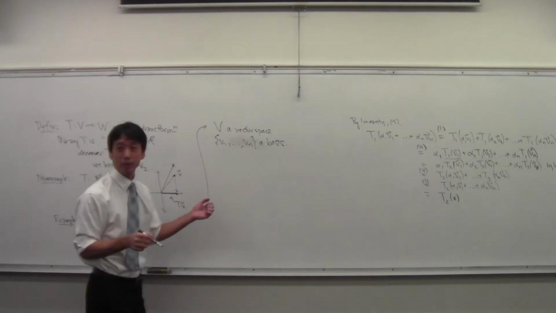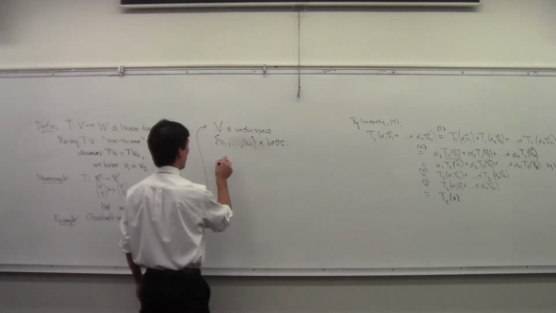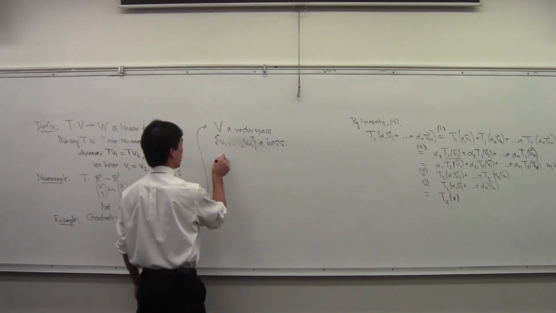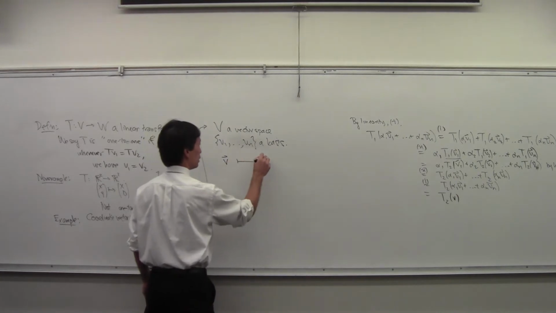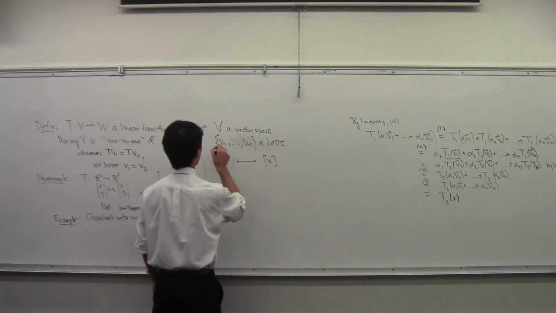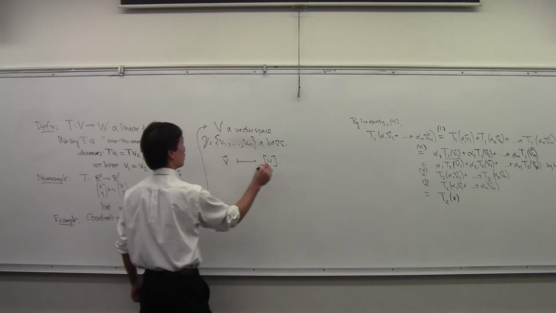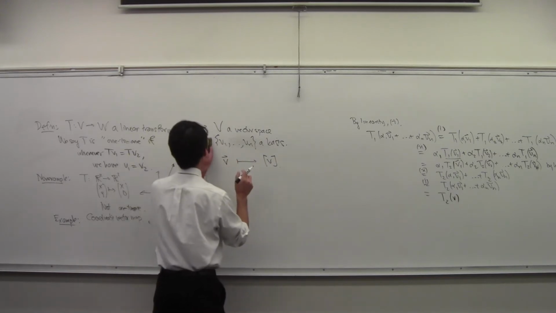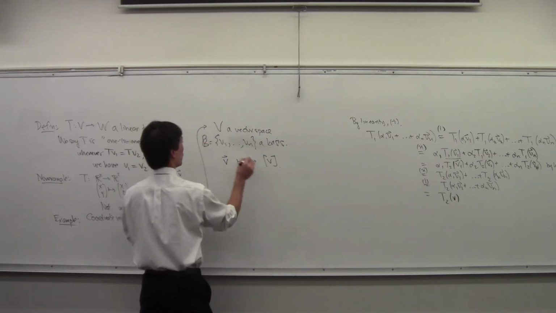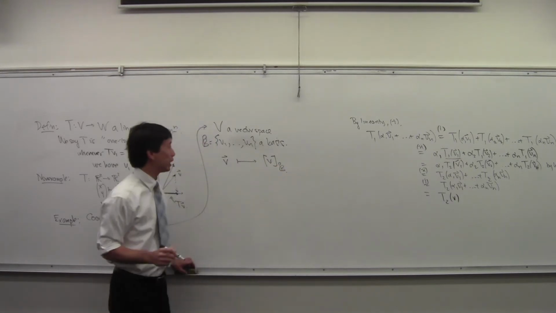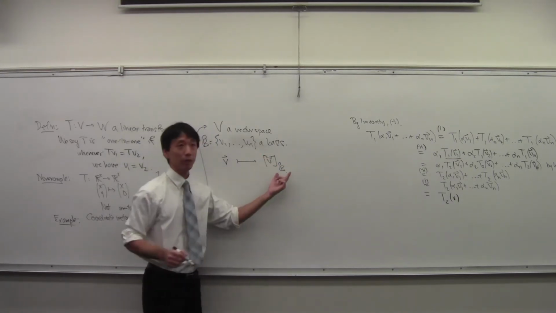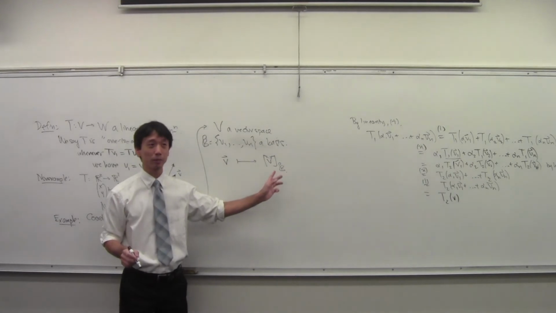Then you have this map. You take some vector, and then you map it to its coordinate vector with respect to that basis. Let's call the basis B.